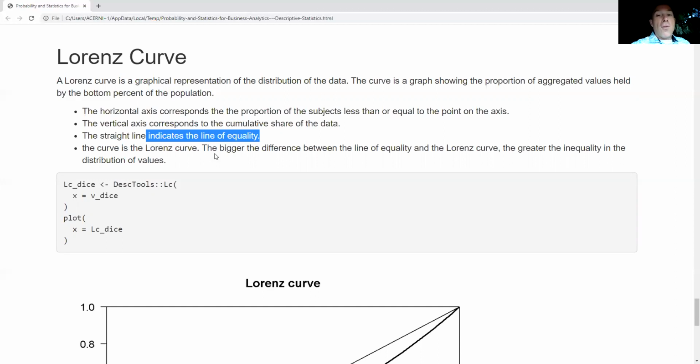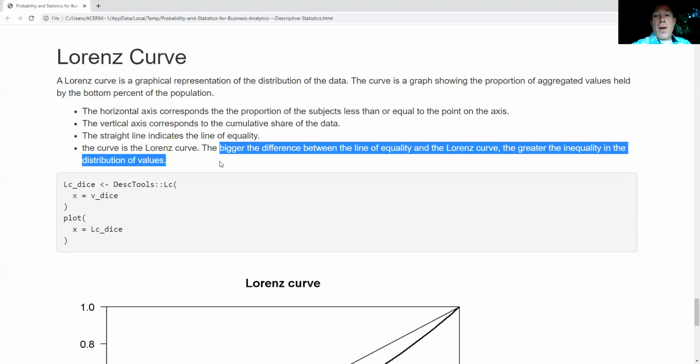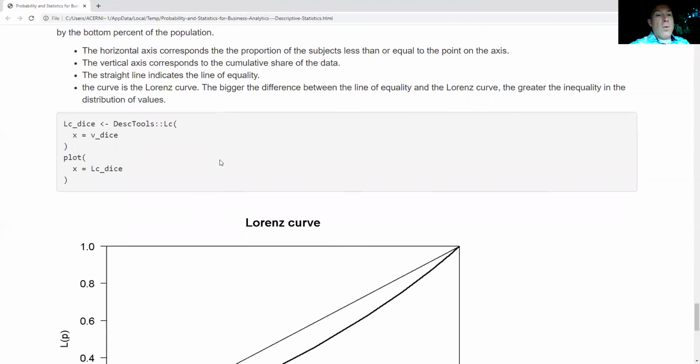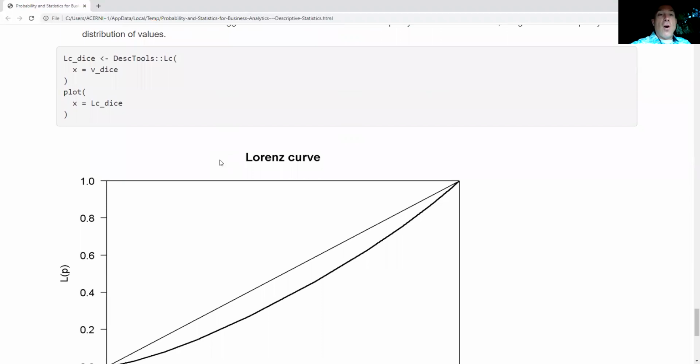The bigger the difference between the line of equality and the Lorenz curve, the greater the inequality in the distribution of values. So the big thing to walk away with: the bigger the difference between the line of equality and the Lorenz curve, the bigger the inequality in the distribution of values. Now, to get this to go, we actually have to do something first.